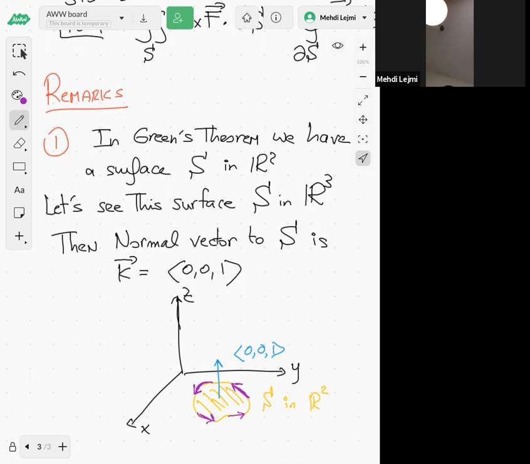If you use your right hand, the thumb points along this normal vector, 0, 0, 1.